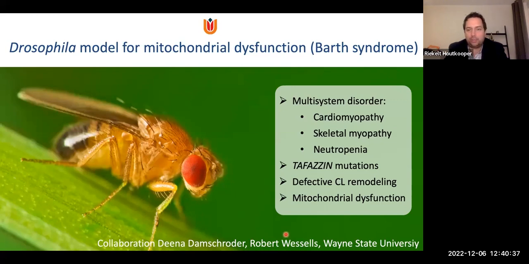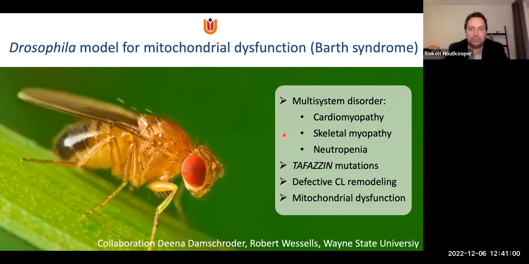This triggered me because Barth syndrome is my first scientific love, basically. It's the topic of my PhD some time ago. It's a rare disease, probably affects 250 individuals worldwide, at least that we know of. In the Netherlands, we have about 10.